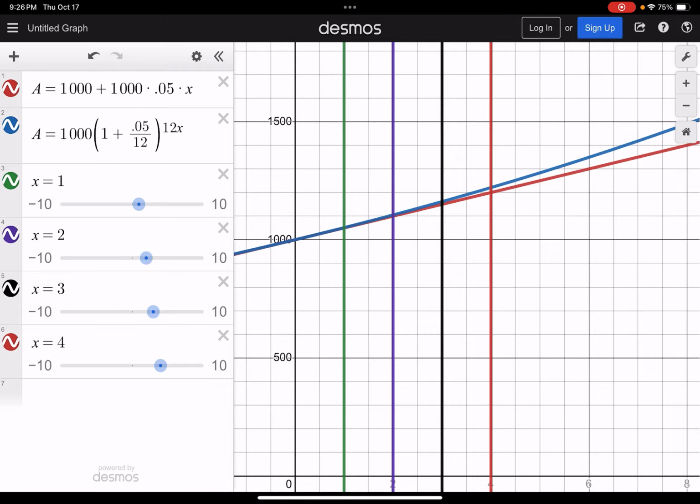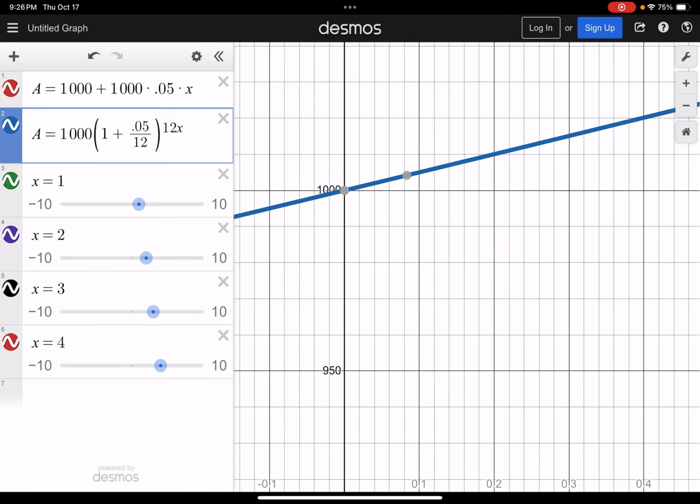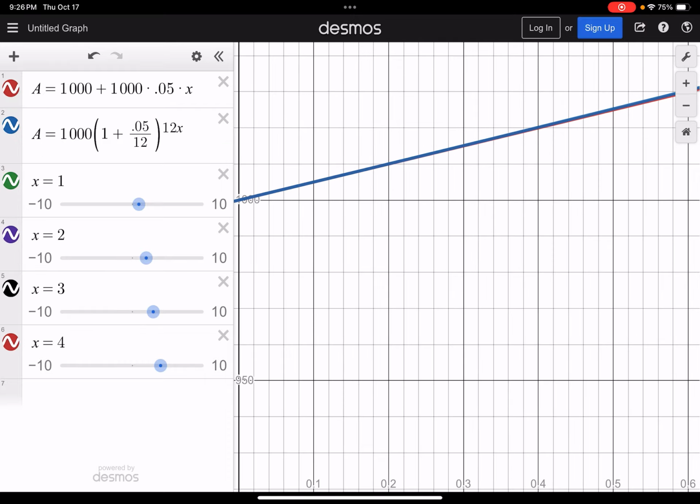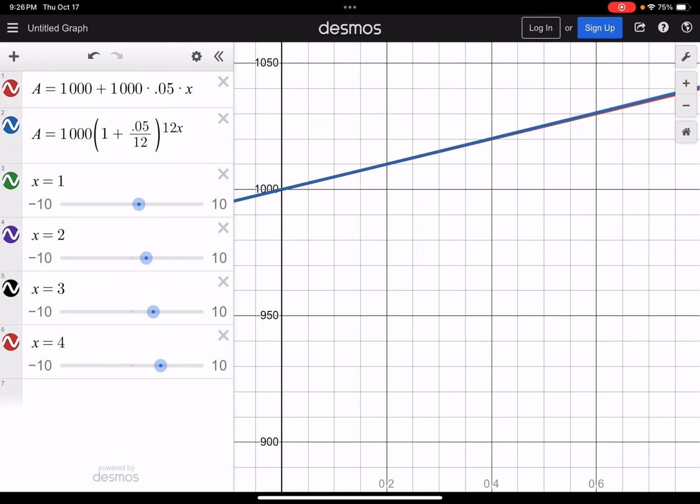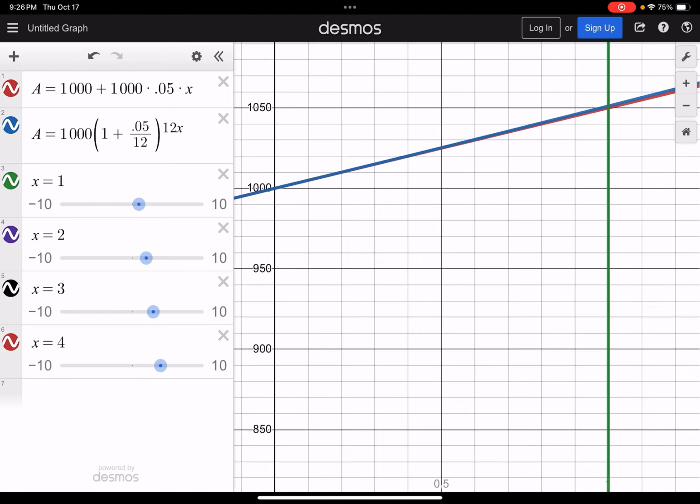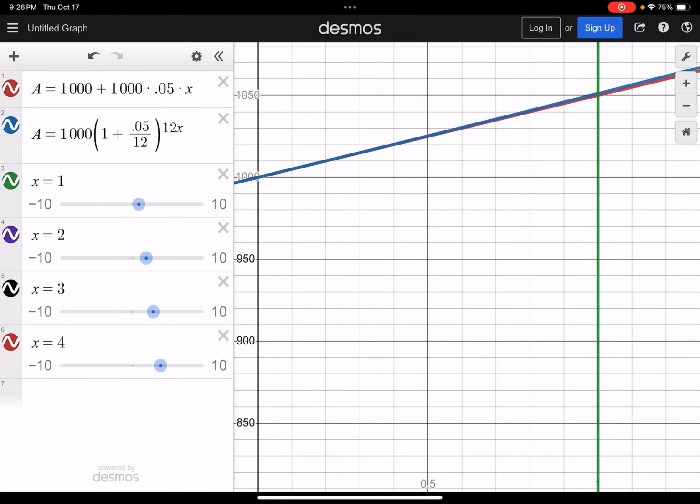Now I could zoom in here and take a look, and I'll notice that the intercept is 1,000. Now Desmos doesn't understand context, so technically there are negative X values, but we know that those negative X values aren't really a thing. We know they don't exist in this context because you can't trace the money back before you invest it and expect it to follow that same pattern.